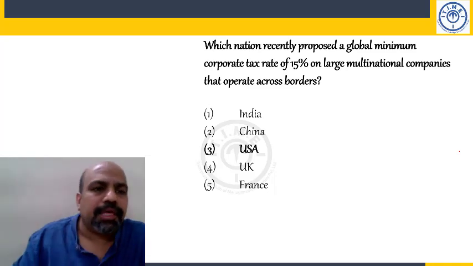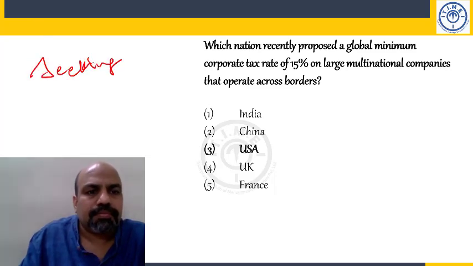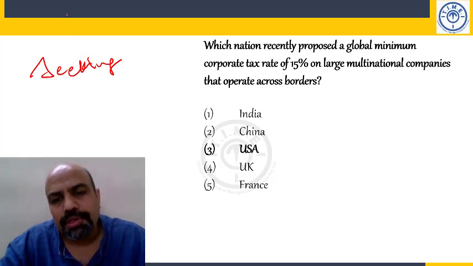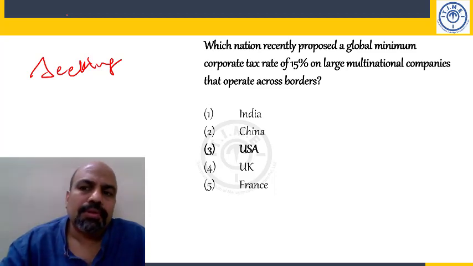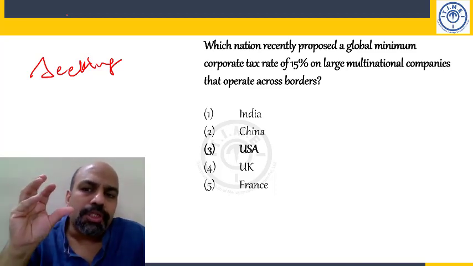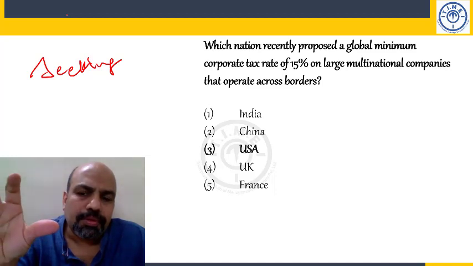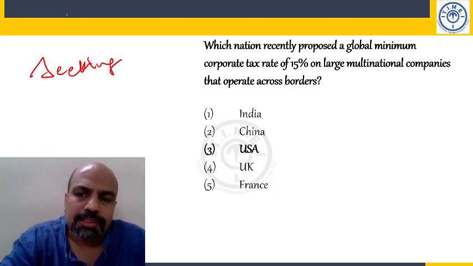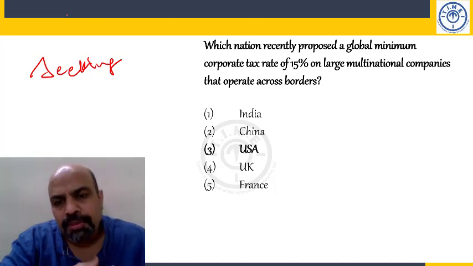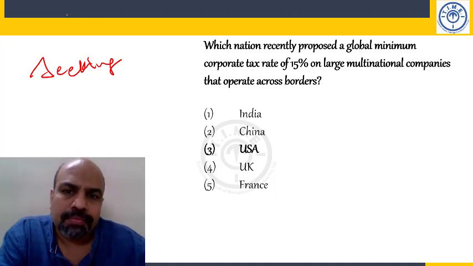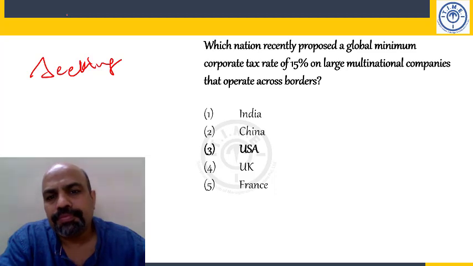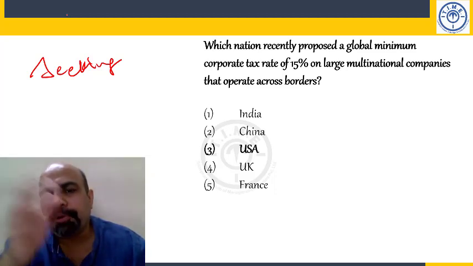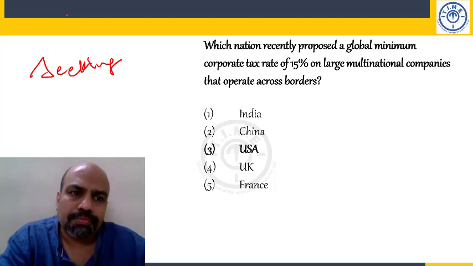US is seeking to impose at least 21% corporate tax on profits of US companies that operate abroad, full stop.